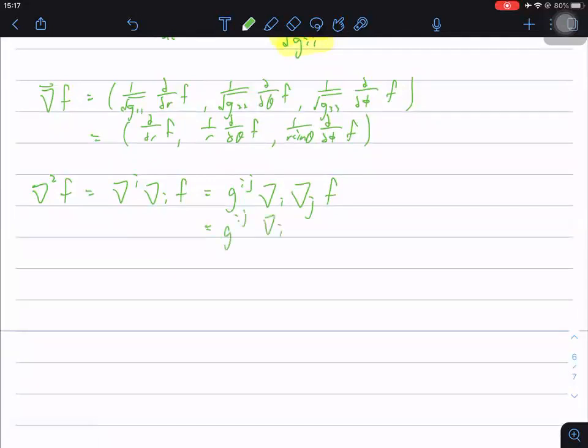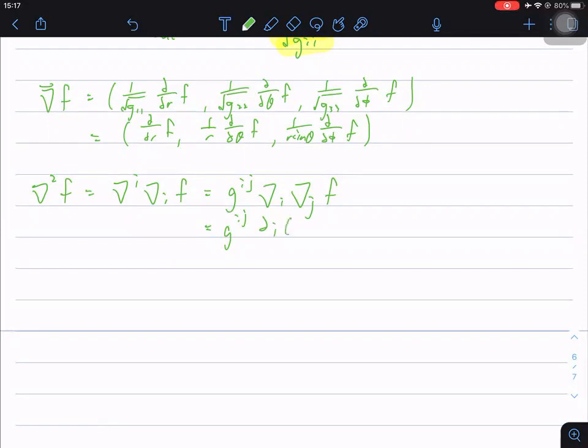First up, in order to calculate something with two covariant derivatives, what I recommend is to first expand the outermost covariant derivative.